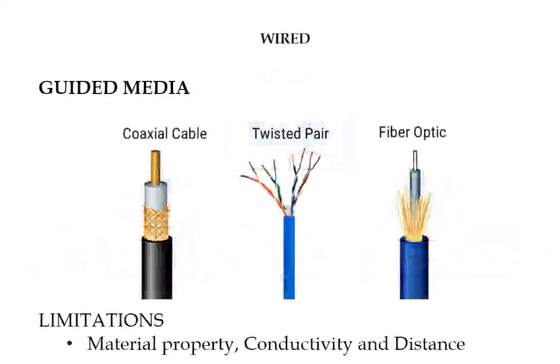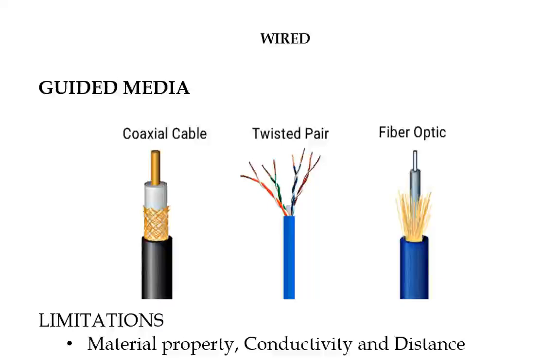First we will see the guided media and its types. The one on the left-hand side is a coaxial cable which uses copper or aluminum material inside. The second one is the twisted pair that always uses copper. The third one uses optical fiber as a transmission medium, and optical sources and light beams are used to transmit information. The limitations of these three cables depend upon the material property, the conductivity and the distance.